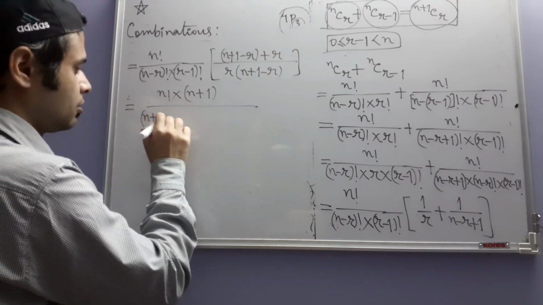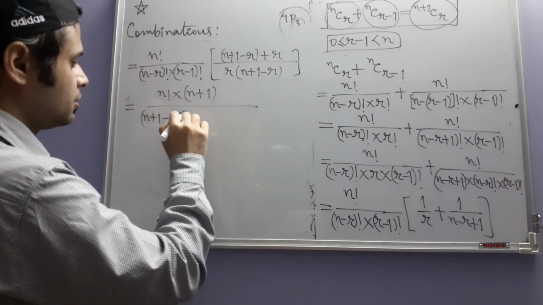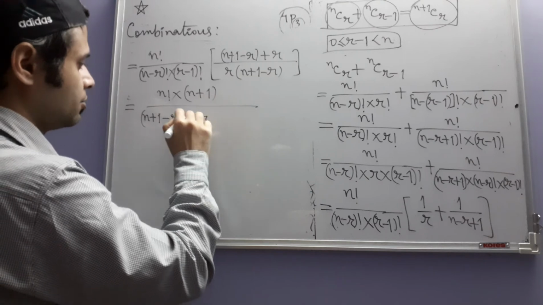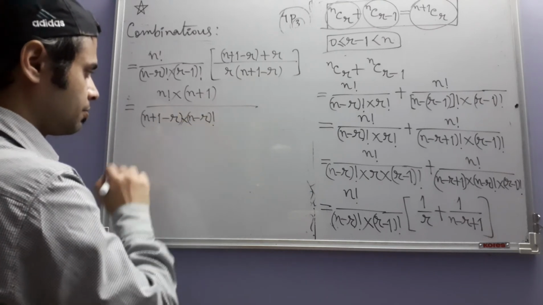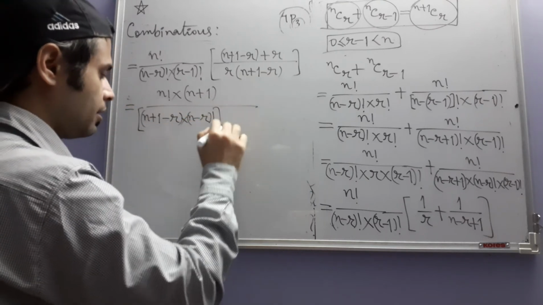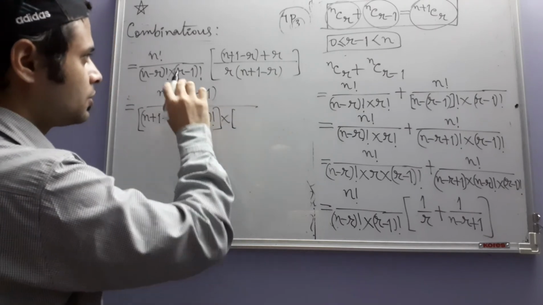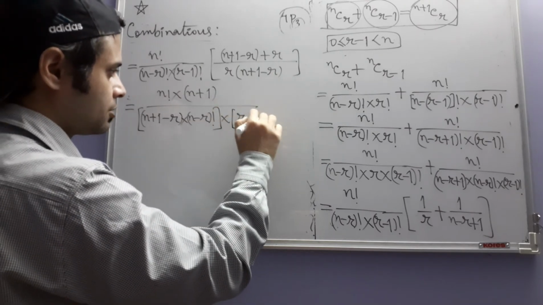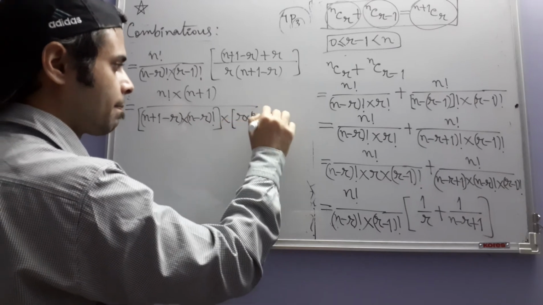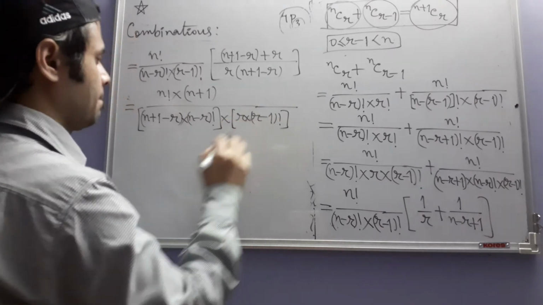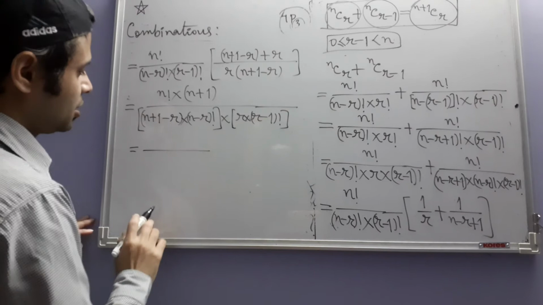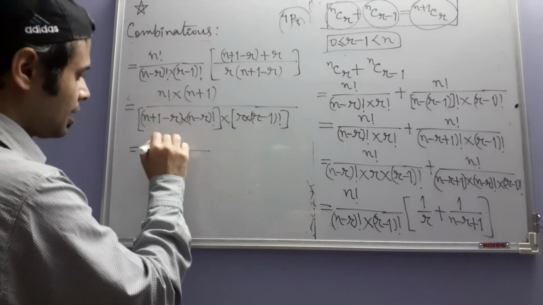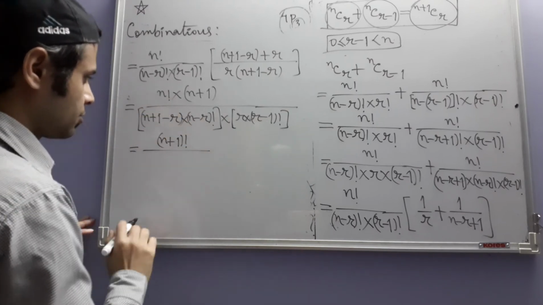Divided by, now I decide to write (n plus 1 minus r) along with (n minus r) factorial, and r along with (r minus 1) factorial. So now the numerator is (n plus 1) factorial.